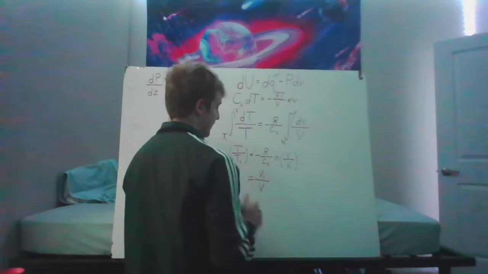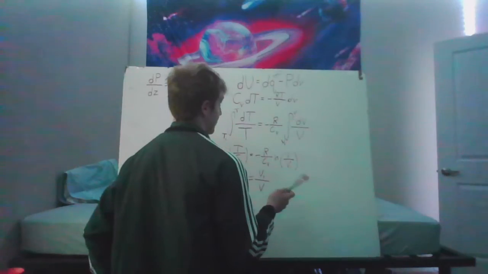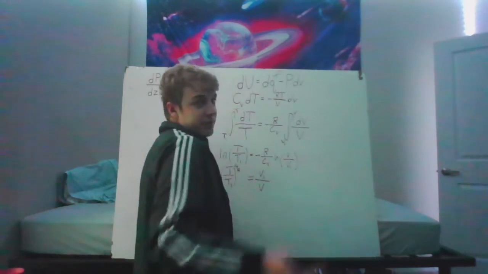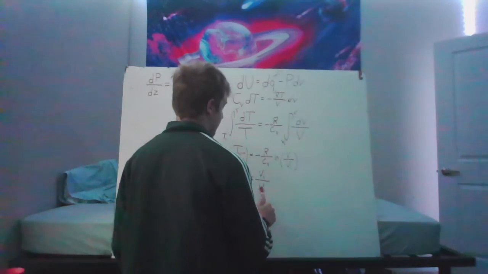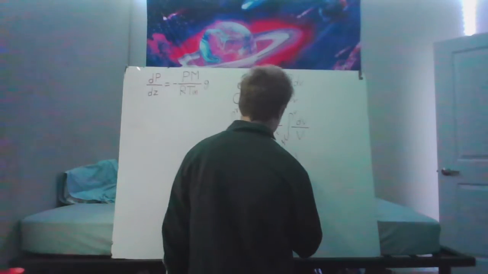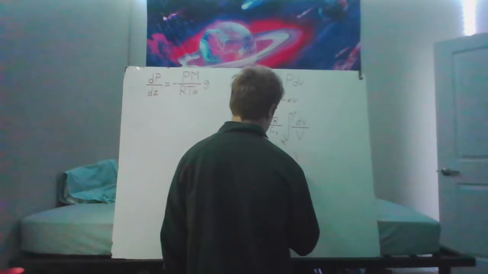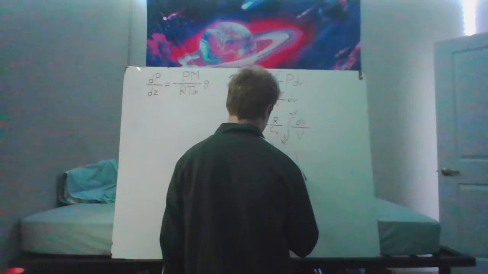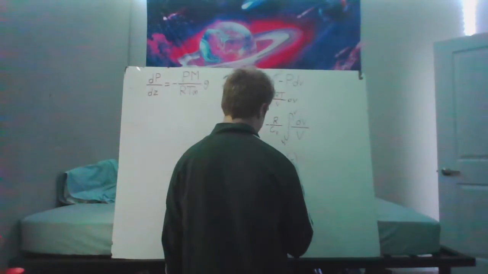And now we can use the ideal gas law, since we want everything in terms of temperature and pressure. That's what the problem asks. So we can use the ideal gas law to substitute in for these V's. So PV equals RT, so V equals RT over P. And the R's will cancel.